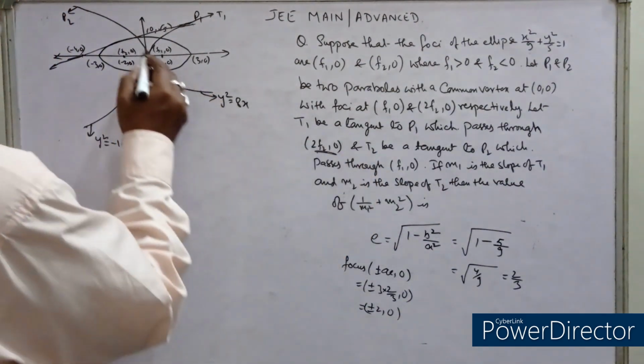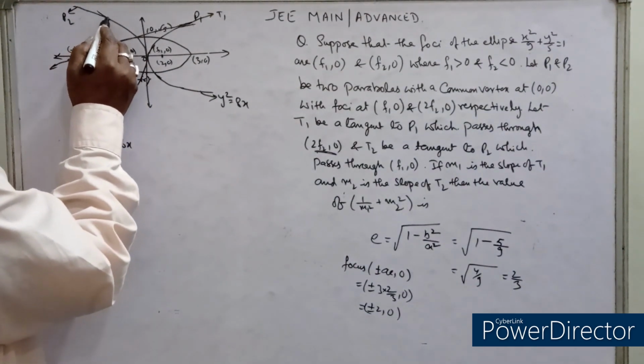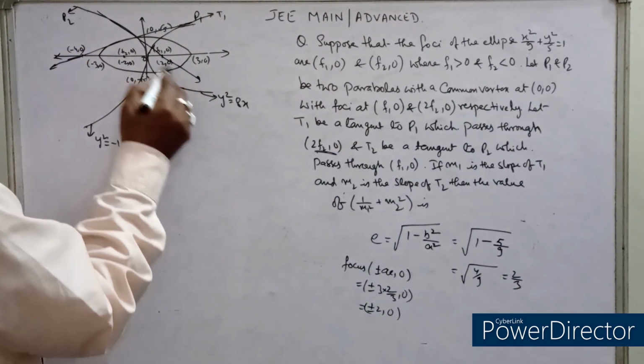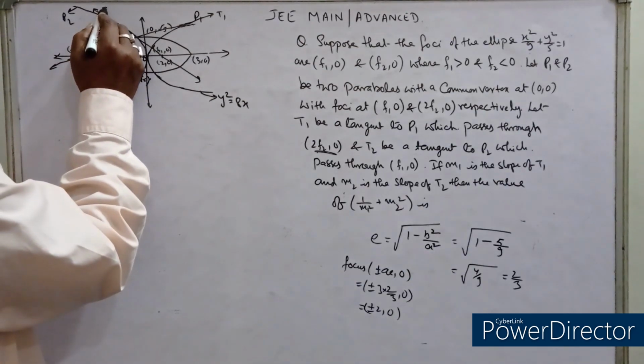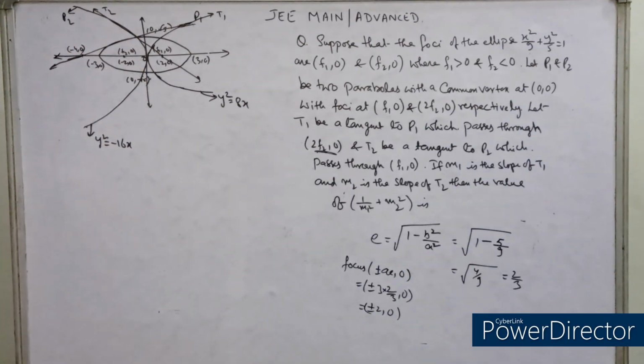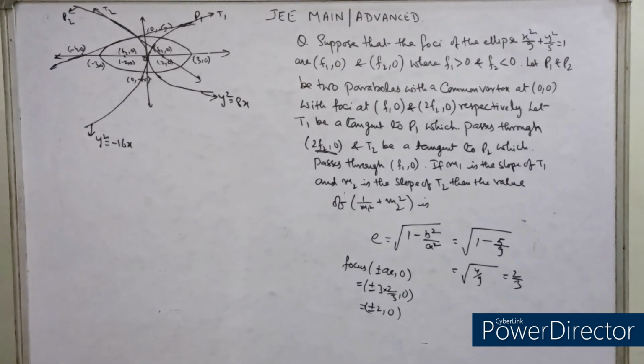So here this is the T2 tangent which passes through here.